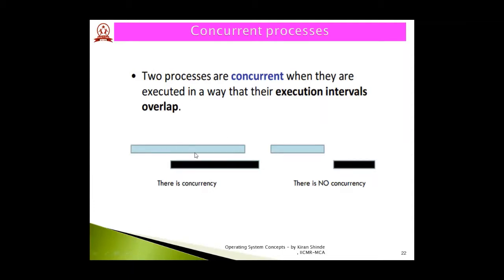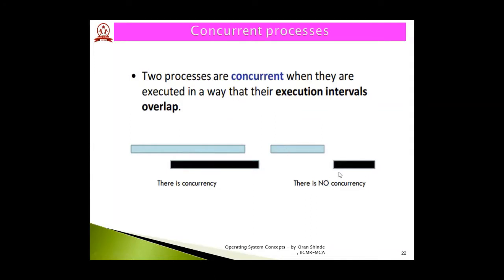Why? Because the two processes, shown with the help of these bars, intersect with each other as far as the time interval is concerned. This much portion is overlapped. It means this much portion of these two processes is executing parallelly with each other. That is why this is called concurrency, and these processes are called concurrent processes.